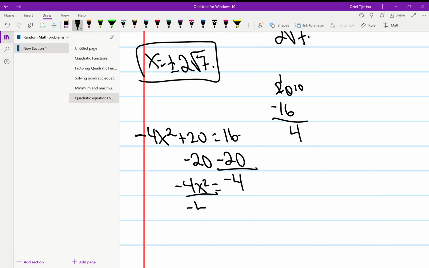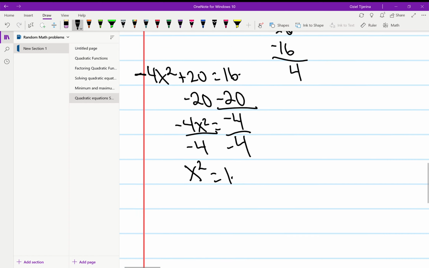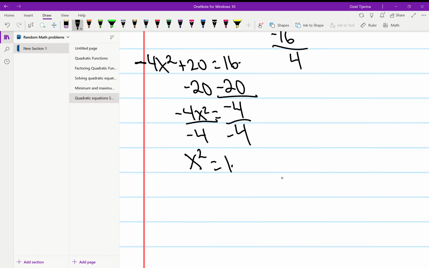So then we're going to go ahead and divide by negative 4 on both sides. We have x squared equals 1. So that means that when we take the square root of both sides, we have x equals plus or minus 1, okay? So that means that the solutions are x equals 1 and x equals negative 1.